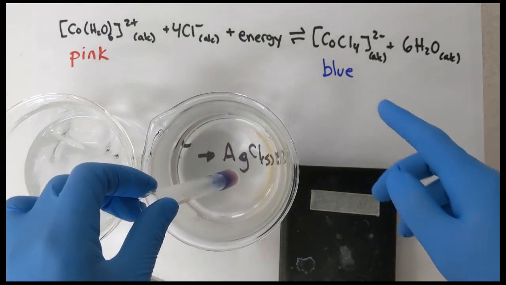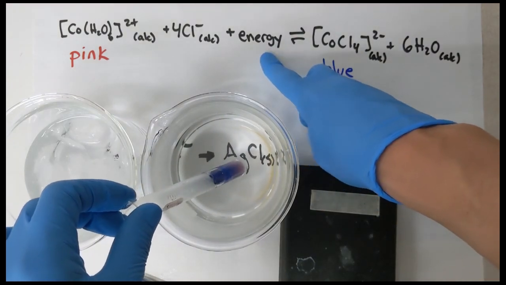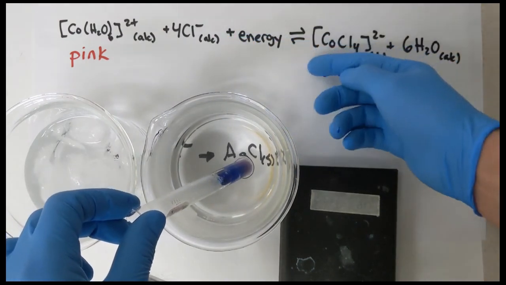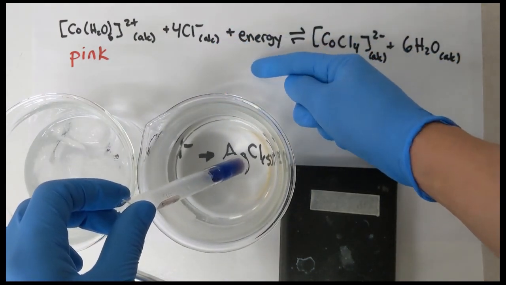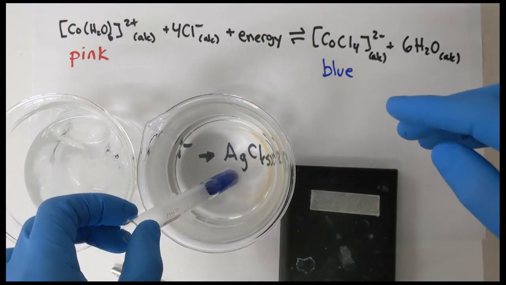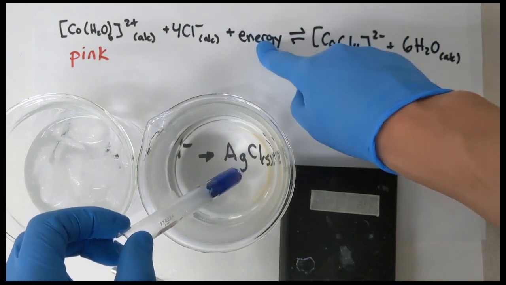If we think about it, in the cold water, I've removed energy. In order to produce more energy, the system needs to shift this way. It wants to replace the energy that's been lost, and it appears more pink. In this hot water, I'm increasing the amount of energy in the system.